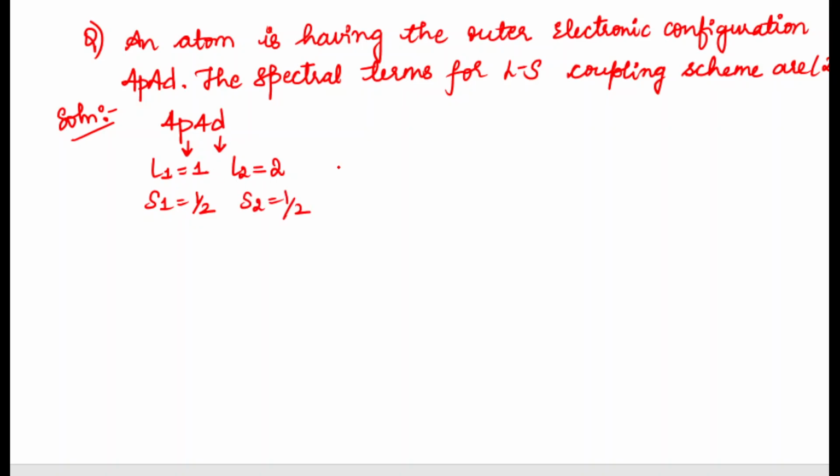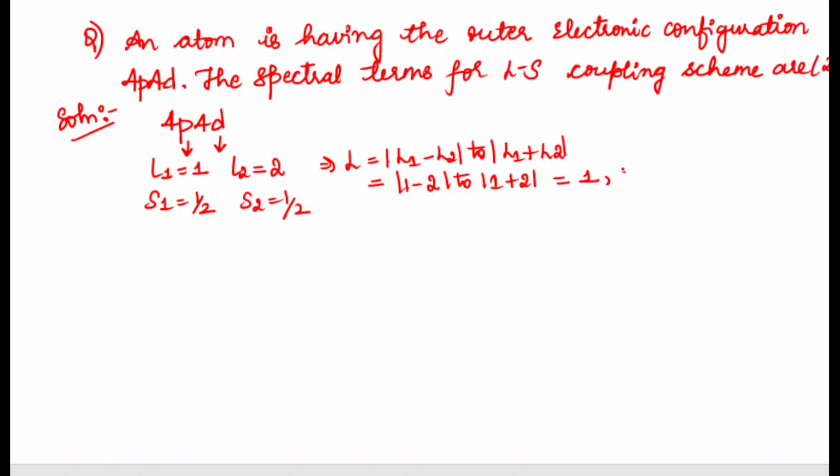Okay, now from here, what is the value of L? L is nothing but magnitude of L1 minus L2 to L1 plus L2, right? Now, L1 minus L2 is 1 minus 2 to 1 plus 2. So 1 minus 2 is 1 in magnitude, to 1 plus 2 is 3.